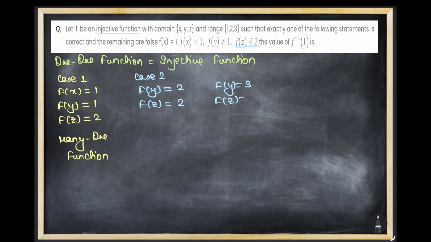Now focus on f of x. The opposite of this is not equal to 1, which means either 2 or 3. So I can go with f of x equals 2 or f of x equals 3. If it is 2, again it is a many-one function. If it is 3, again it is a many-one function. So in this case we are getting a many-one function.